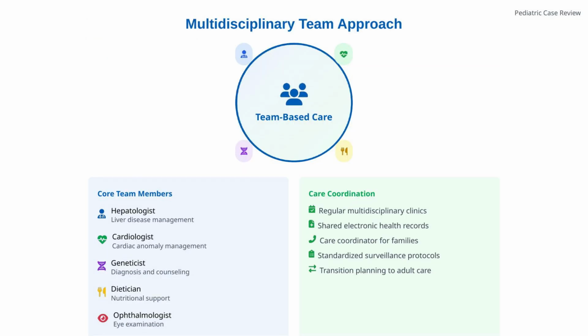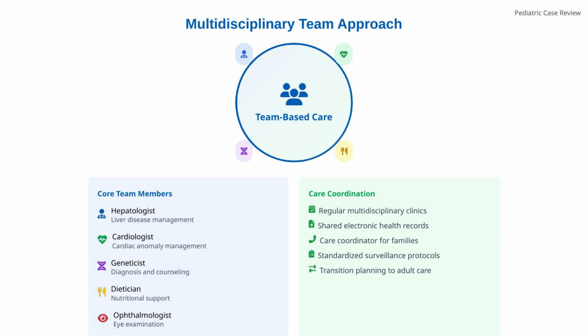Alagille syndrome requires a comprehensive multidisciplinary team approach for optimal management. Core team members include a hepatologist for liver disease management, a cardiologist for cardiac anomaly management, a geneticist for diagnosis and counseling, a dietitian for nutritional support, and an ophthalmologist for eye examinations.